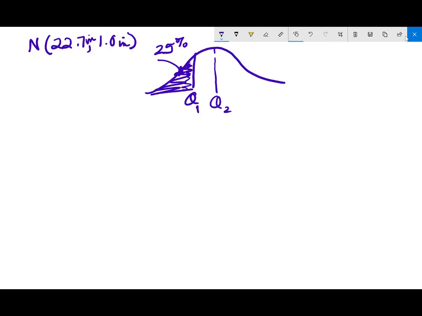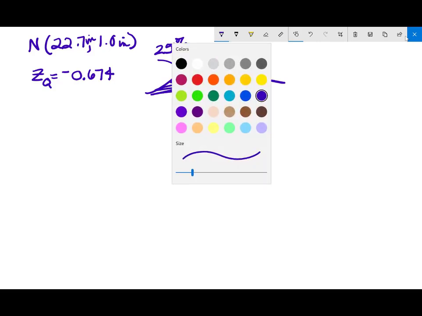And I get that the z-score of quartile 1 is a negative 0.674. Okay? Now I have to unstandardize that. So here's what I'm going to do. I'm going to put it into StatCrunch and then simply unstandardize it.